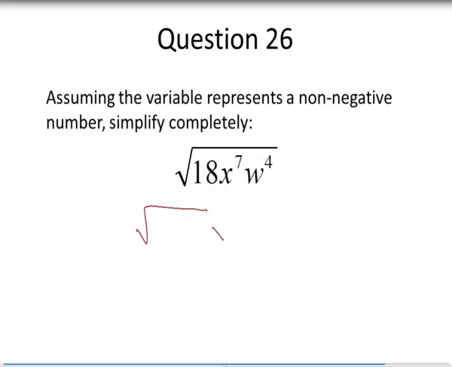We tend to separate these into perfect squares and not perfect squares, right? So does 18 have any factors that are perfect? Let's see, what are some factors of 18? 9 and 2. And you may have done it with a prime tree. That's okay. This is another way to do it. We do the perfect.